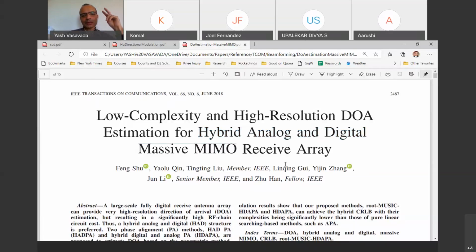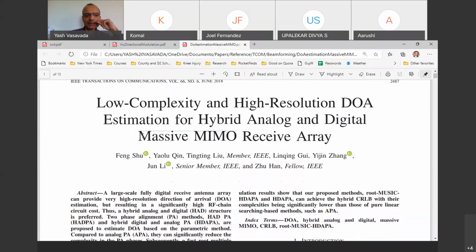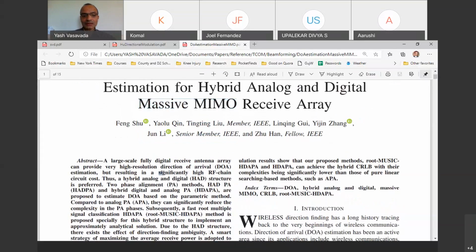This hybrid requirement comes because when the MIMO has massive number of antenna elements, they're talking about maybe not only some in multiples of tens, but rather in multiples of hundreds. The problem comes because there'll be a significantly high RF cost. If you have 1,000 antennas and if you have to put RF circuit behind each of that antenna, then the requirement becomes too much. And so that is where the concept of this hybrid processing comes.